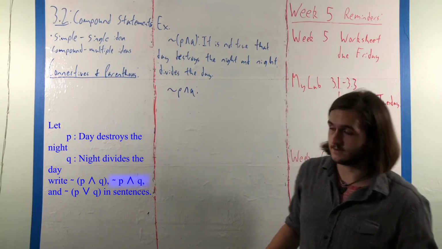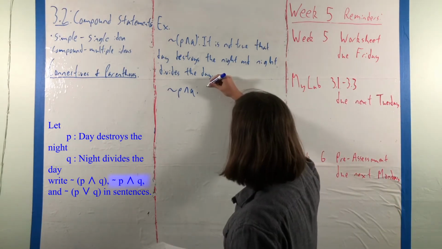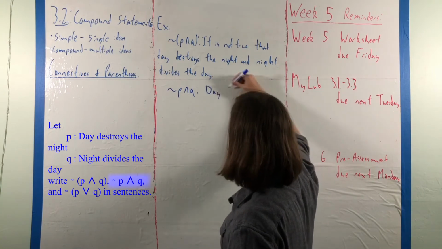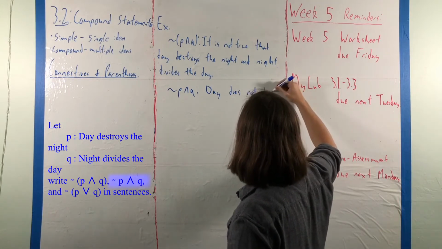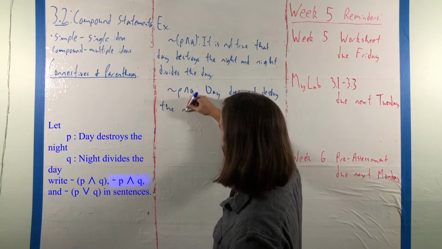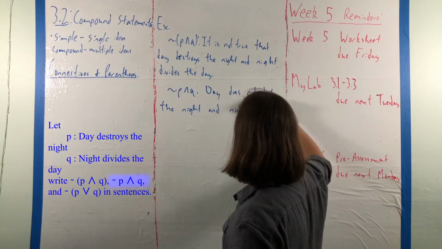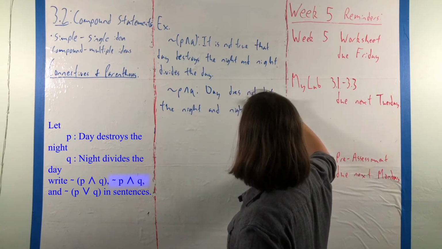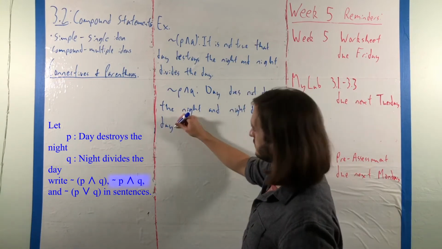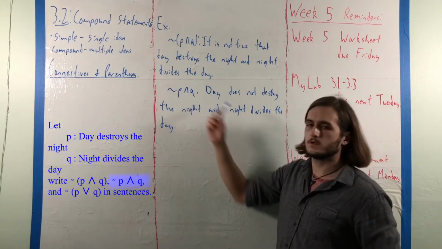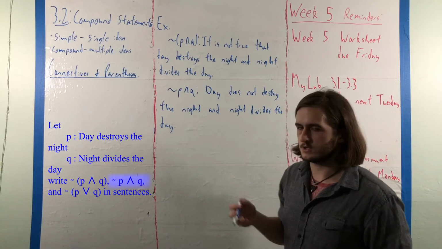Q is still just Q, night divides the day, which means one way that we can write this is: day does not destroy the night and night divides the day. This is a lot like what we did with the set theory stuff in chapter 2. A matter of carefully going through these symbols and understanding what they mean. Again, we're learning a notation as much as anything.